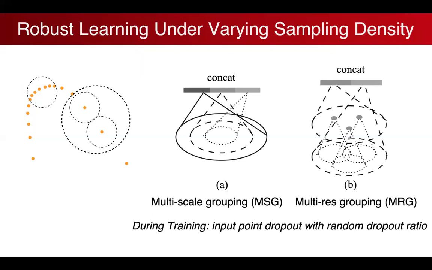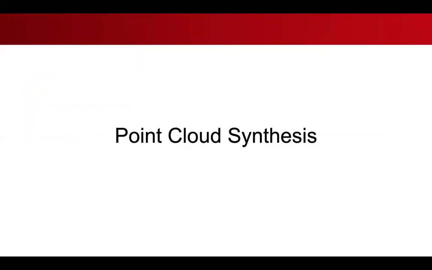During the training, we can also use this input point dropout to augment this robust learning. And that completes the architecture of PointNet++, and it gives very, very good results.